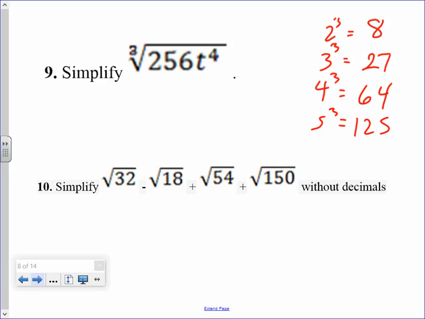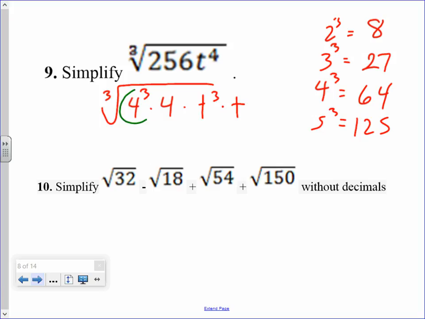4? Okay. So 256 is the same as 4 to the 3rd times 4, times t to the 3rd times t. Right? T to the 4th is the same as t to the 3rd times t.